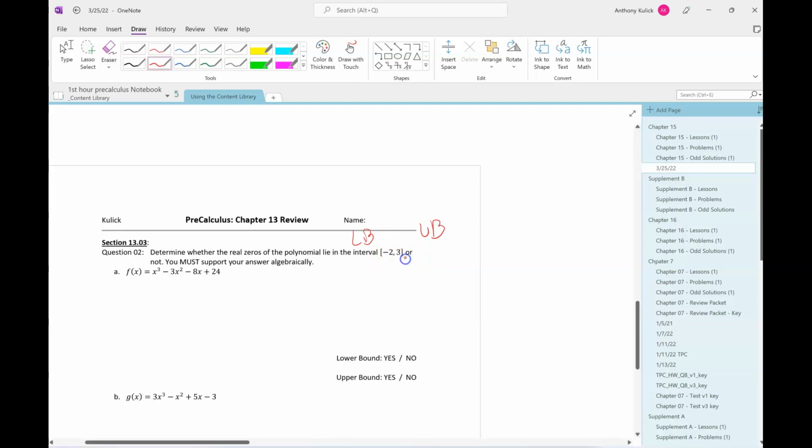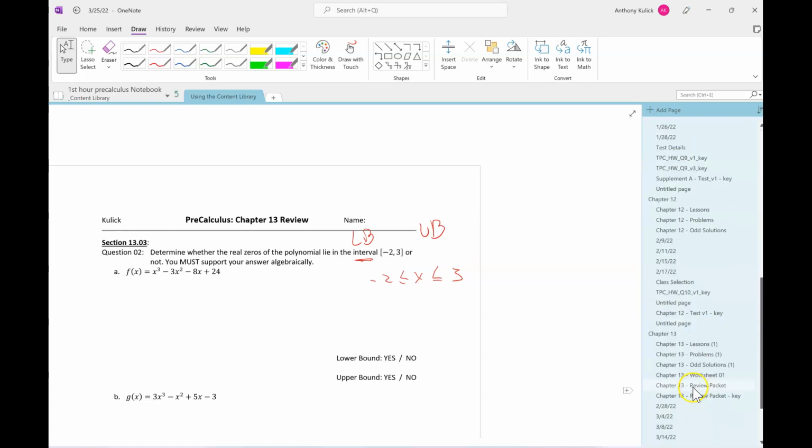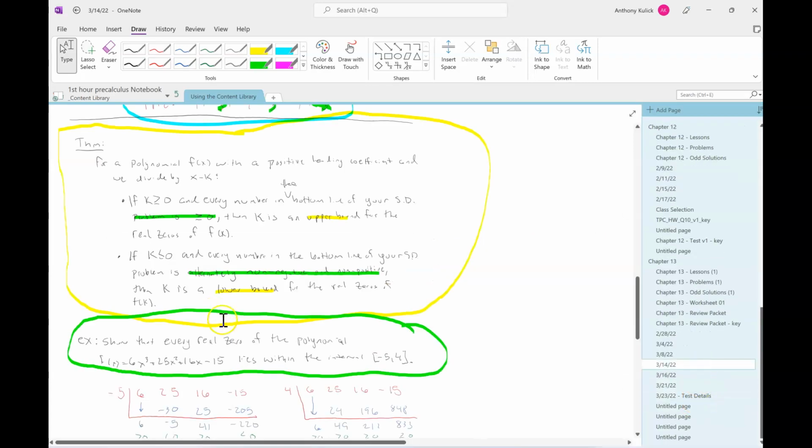Well, this is not a coordinate, that's an interval, right? It says interval. So that's like all the numbers between. So the smaller one will be the lower bound and the higher one the upper bound. Yes. And in fact, to use that theorem, the lower bound has to be a negative one and the upper bound has to be a positive one, because we need k to be non-negative to be an upper bound and we need k to be non-positive to be a lower bound.